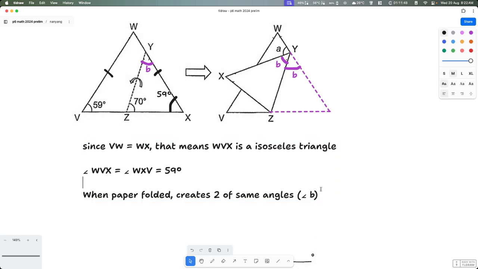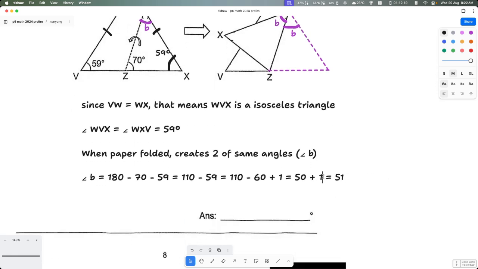So with that said, angle B is equal to 180 minus 70 minus 59, which is 110 minus 59, which is basically 110 minus 60 plus 1. So this is basically 110 is 50 plus 1, 51.